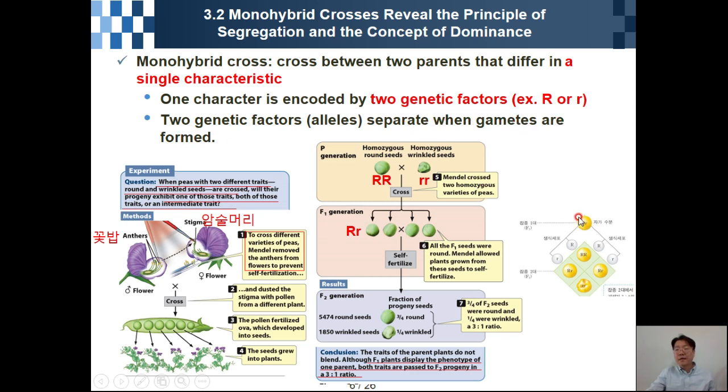For example, large R, small r can be separated. So one can be separated large R, or one can be separated small r. So in the mother, and also in the father, this large R is separated to large R, and the small r can be separated to small r, right, like this.